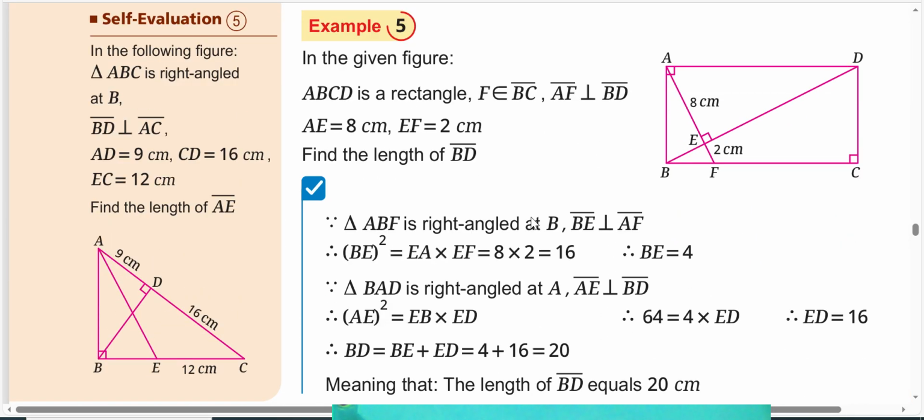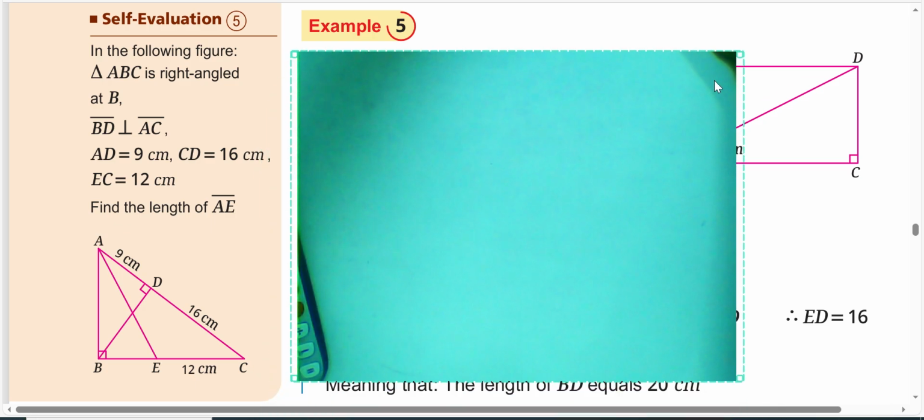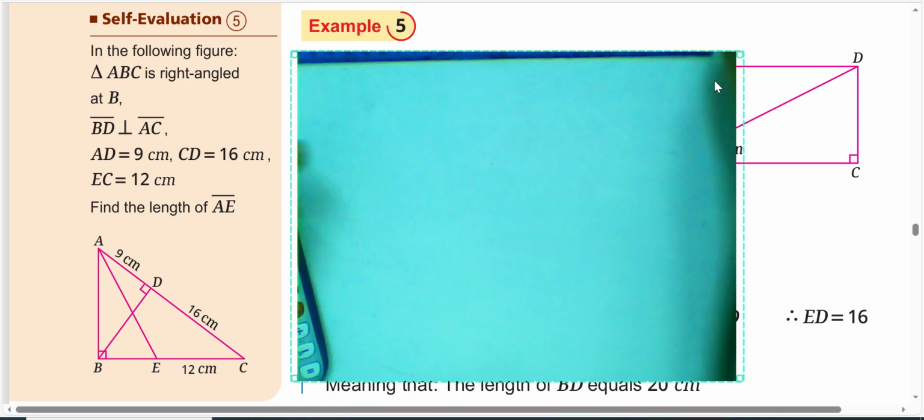Example number 5. Look at here, we have a rectangle. The solution is here, you can read the example. Okay, important question. This question about the rectangle is important. Okay, my students, you can read the example solution down. I will explain self-evaluation number 5 with you.